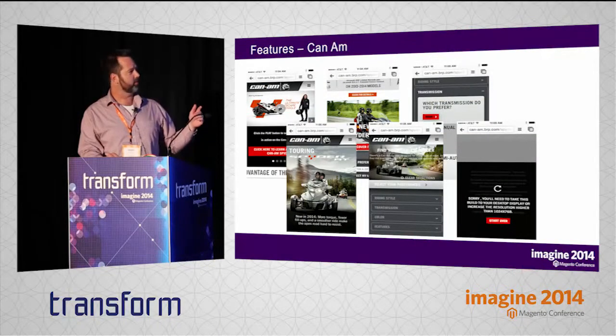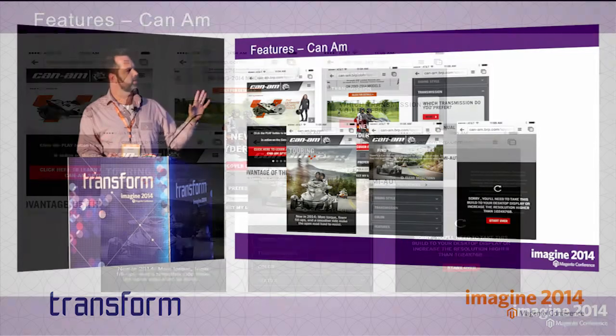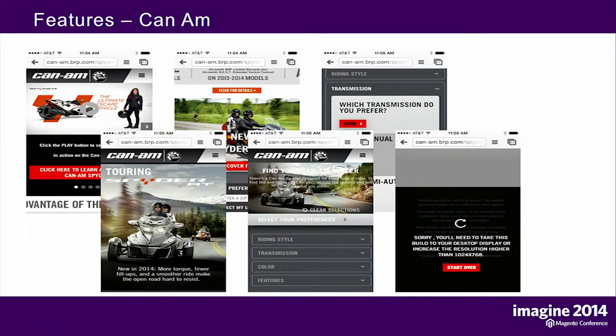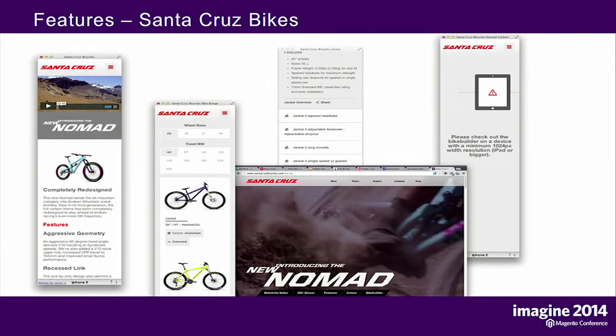Can-Am, a Canadian motorcycle company, it's actually a pretty good site. It has a great bike finder, a lot of great content, but when you get down to the motorcycle configurator, it doesn't work on a small device. Santa Cruz Bicycles, I actually hate to say something bad about them because it's a beautiful site, but it's the same situation. Bike finder, no bike configurator.